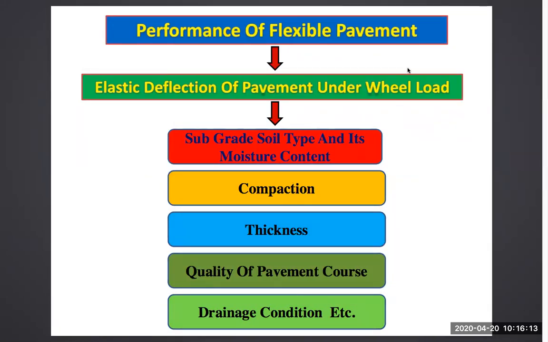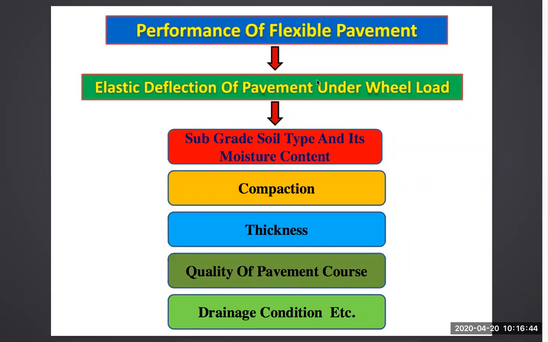Scope. Performance of the pavement depends on a number of parameters. Elastic deflection of pavement under wheel load is based on the soil type and the moisture content, the amount of compaction, the thickness of existing layers, the quality of the pavement course, and what type of drainage condition there is for that road, whether it has a subsurface drainage system or surface drainage system, and the rainfall data.